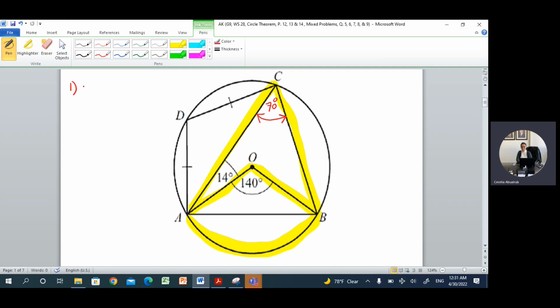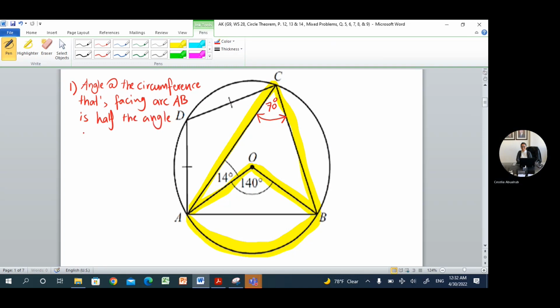So we can say that angle at the circumference that's facing or opposing arc AB is half the angle at the center.